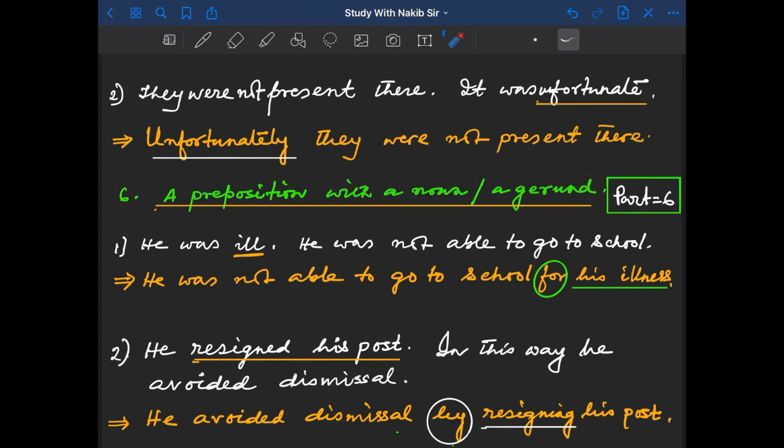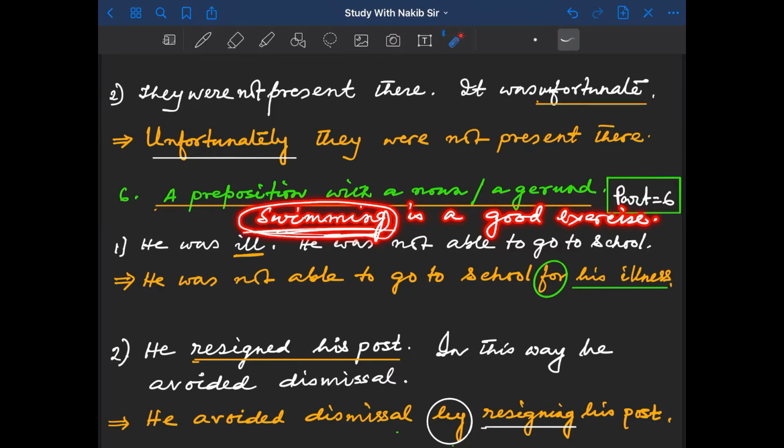Okay, see this: swimming is a good exercise. Here swimming, see, the ing form of the verb, is being used here as the subject of this verb is, so it's working like a noun. For this it is called a gerund.